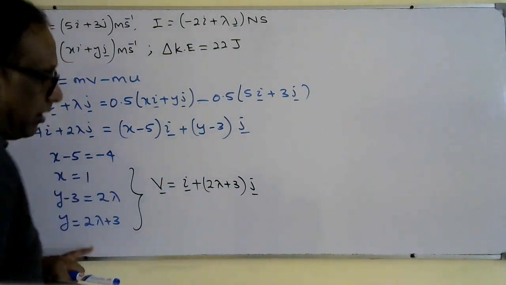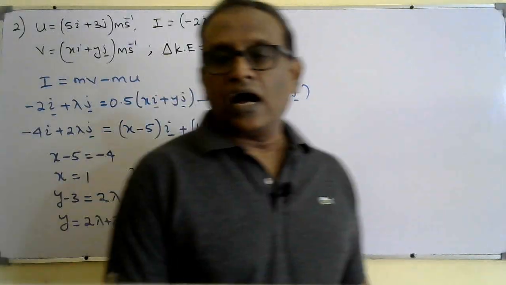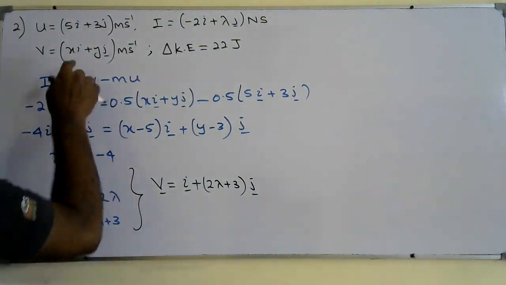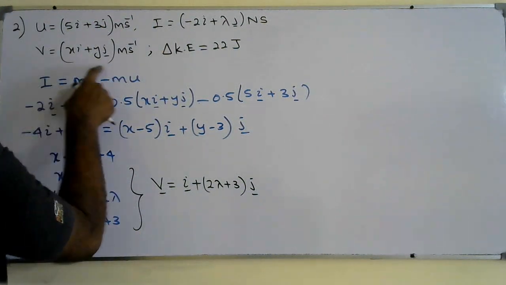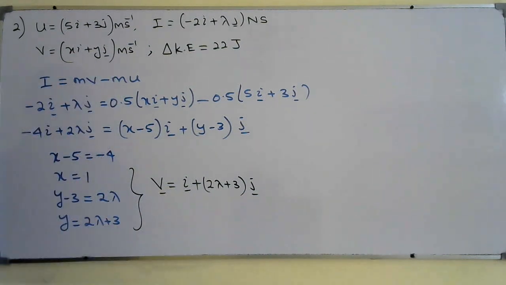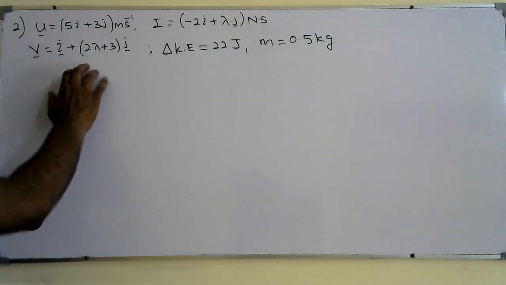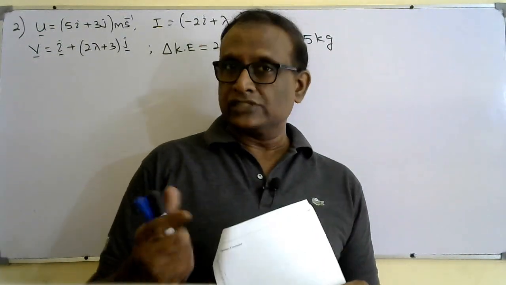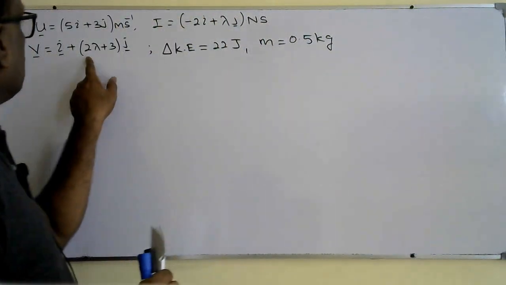This is the velocity vector after impulse is applied, because I substituted the x and y in the final velocity.